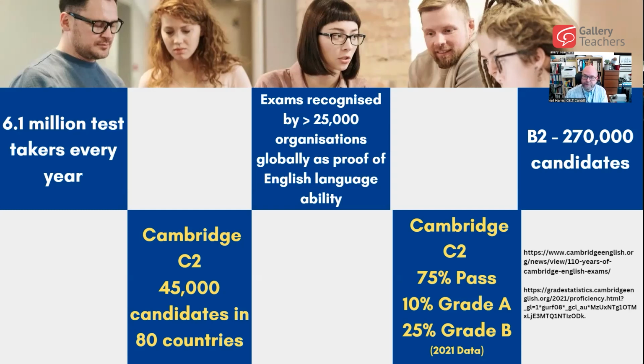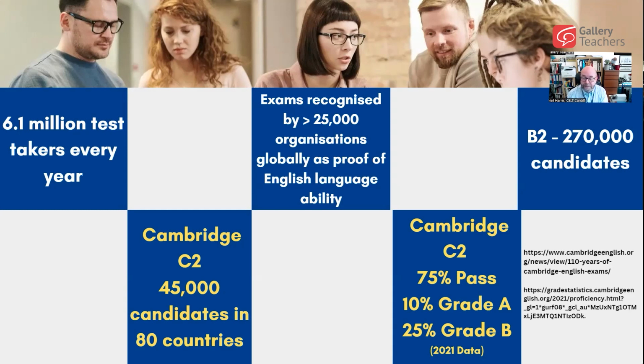The B2 level, and for those of you who have been around as long as I have, may be familiar with the old terminology of First Certificate, now B2 First, is taken by around 270,000 candidates. Whereas C2, that highest of the 2 proficient levels in the CEFR, is taken by about 45,000 candidates in 80 different countries.